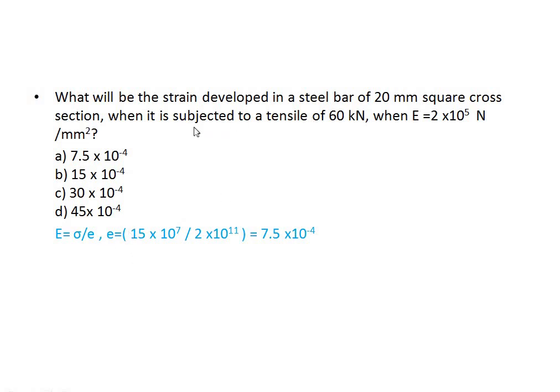The relation between stress and strain is Young's modulus. So Young's modulus E is equal to stress by strain. Since the value of Young's modulus is given, you can easily find the value of strain. With this I conclude this lecture. Thank you.